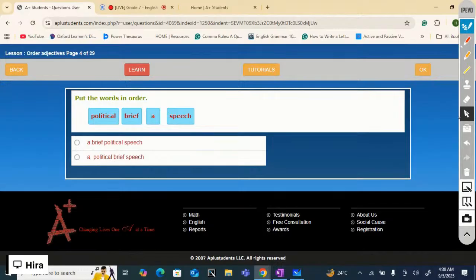Well, if nobody is going to answer, let me tell you it's option number one, a brief political speech. Brief is its size, political is like material. It's not material, but still political, and then speech is the noun.